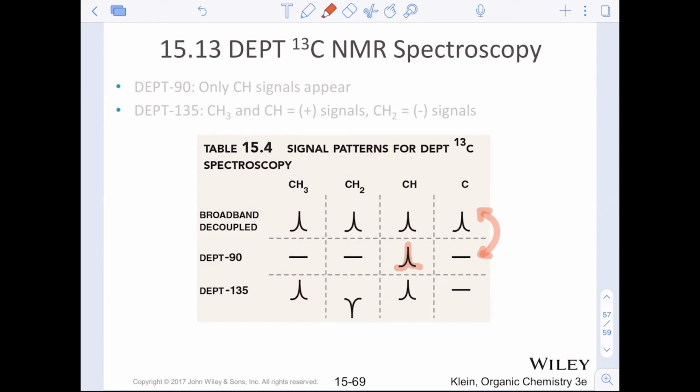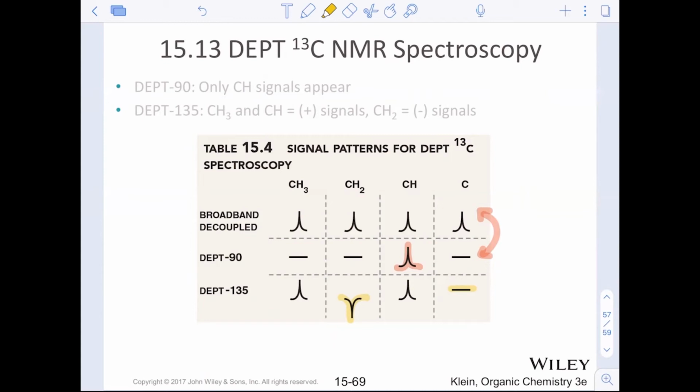If it doesn't show up on DEPT 90, it's not a CH group. And then a DEPT 135 will be able to elucidate that CH2 group. It's also important, remember we've talked about this since IR, not showing signals is just as important as showing the signals. So look to where there's absences on these, right?